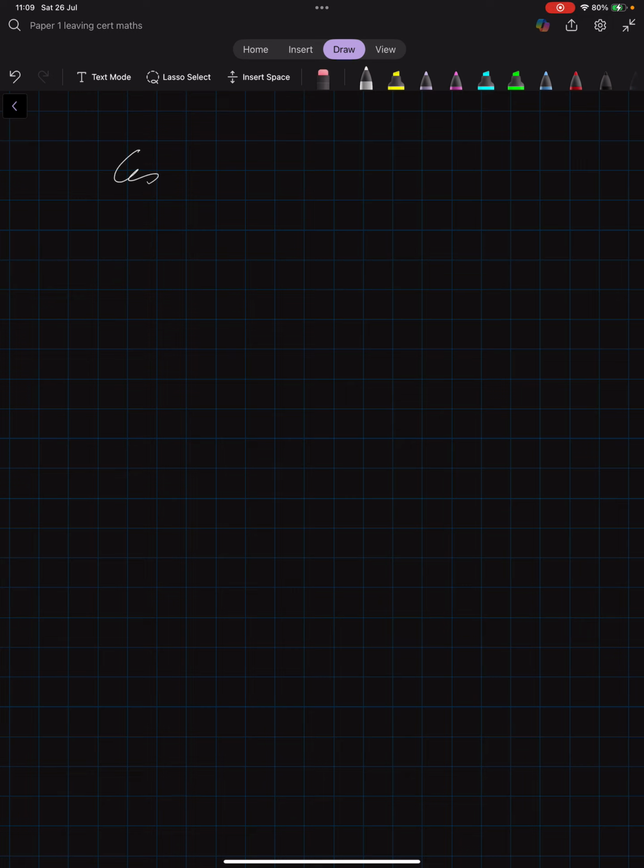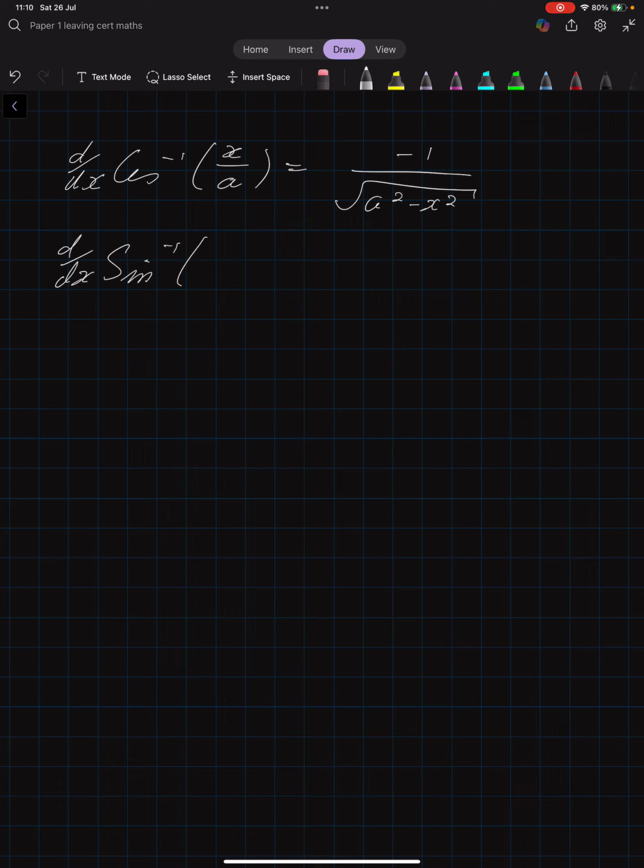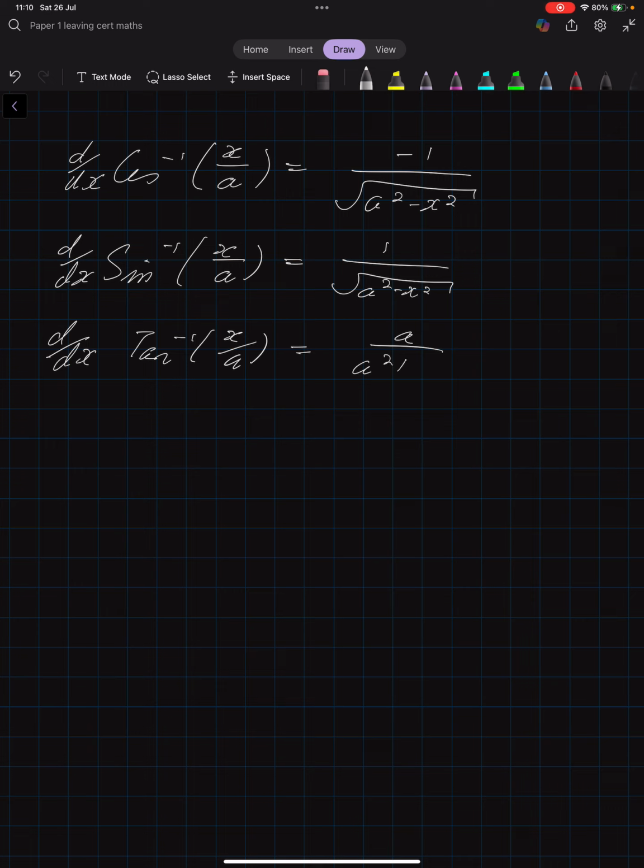So cos minus 1, so that's just inverse cos of x over a. d dx of it is equal to minus 1 over the square root of a squared minus x squared. d dx of sine minus 1 of x over a is simply equal to 1 over root a squared minus x squared. And d dx of tan minus 1 of x over a is equal to a over a squared plus x squared. Like so.